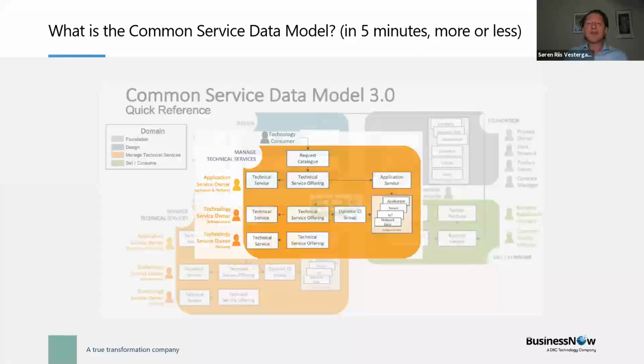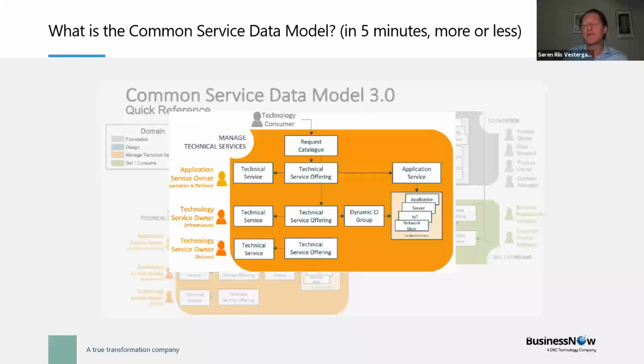And then we have the service provider view as opposed to the consumer customer view. So this is the technical services. And if we move to the right in this orange figure, we will see all the technical stuff in the bottom right here, where it says application server, information, Internet of Things, and network, and different infrastructure.